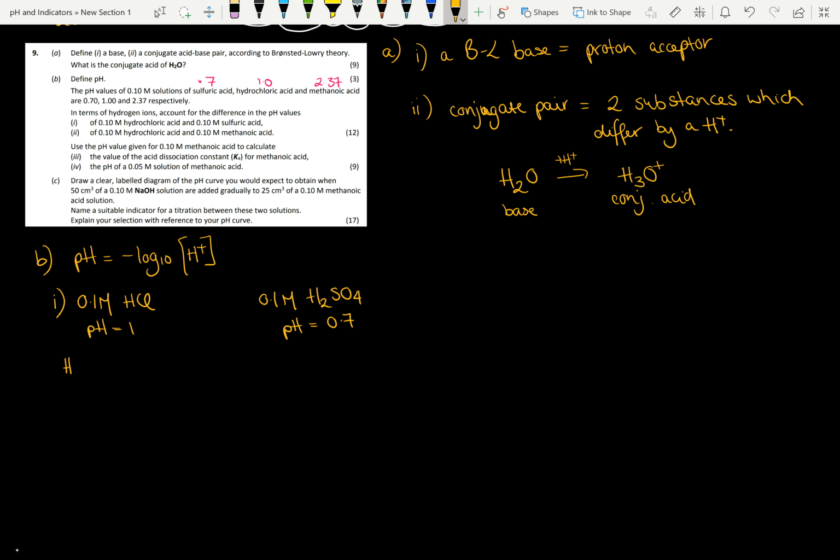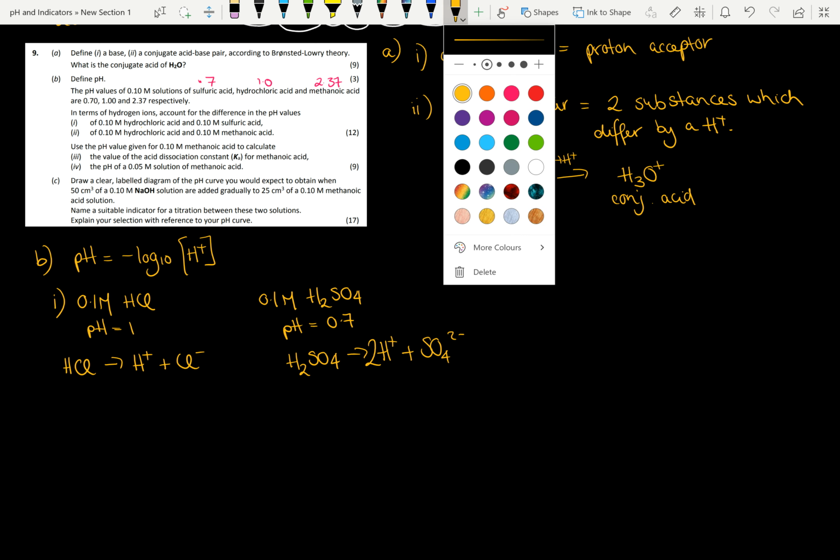Well, let's have a look at their dissociation. We know they're both strong acids, so they're going to fully dissociate into their ions. H2SO4 is going to dissociate into H plus and SO4 2 minus, but we've got two hydrogen ions there.